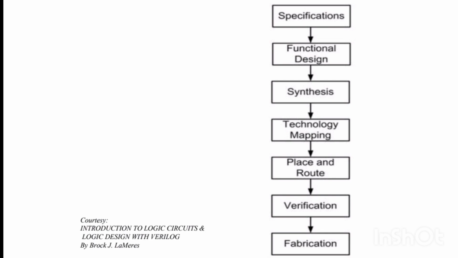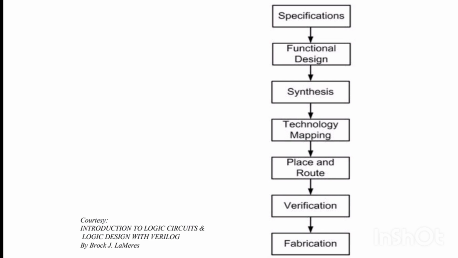state diagrams, and algorithms. The third step is synthesis, and it's about creating the gate level connection, schematic or netlist of the design using logic synthesis processes. For example, K-map, Karnaugh map, or automated CAD tools can be used in this regard. The fourth one is technology mapping.